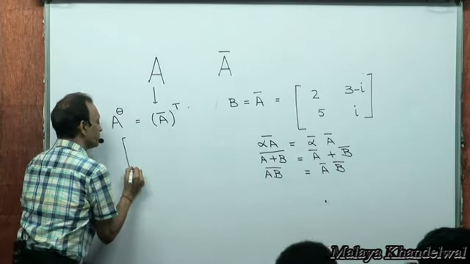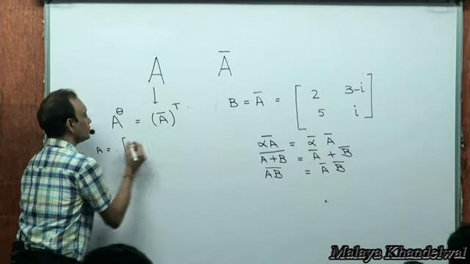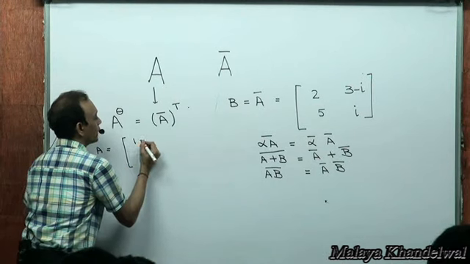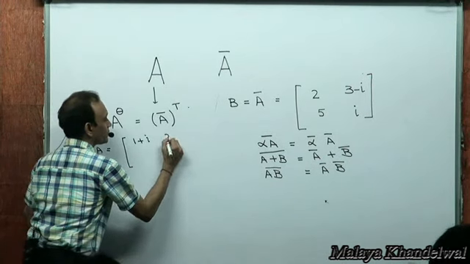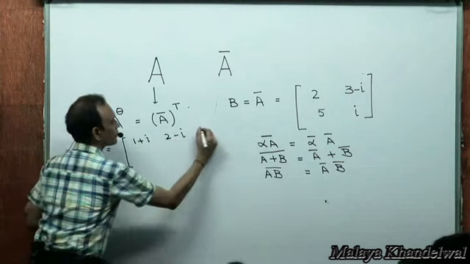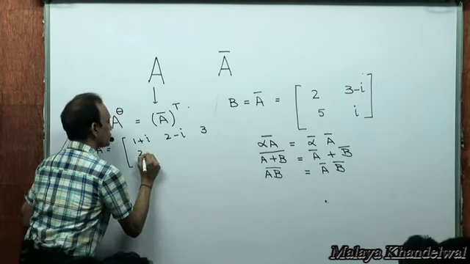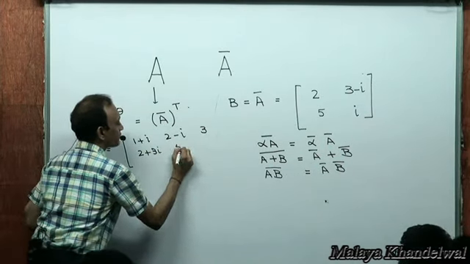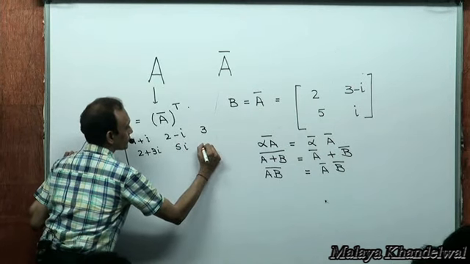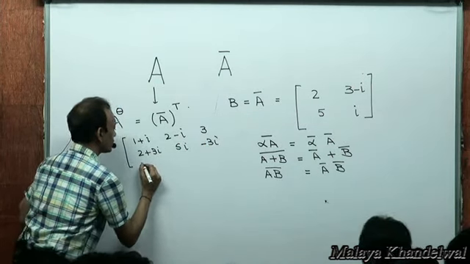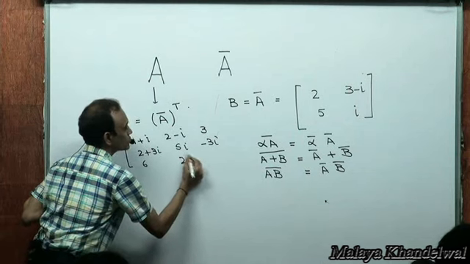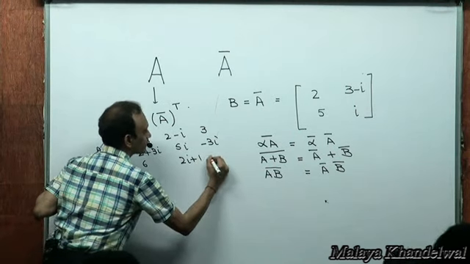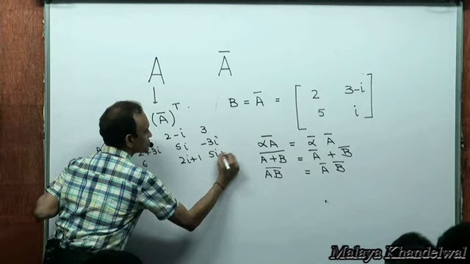Say, for example, if A is 1 plus i, 2 minus i, 3, 2 plus 3i, 5i, minus 3i, 6, 2i plus 1, and 5i plus 2, suppose.